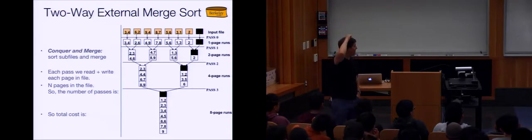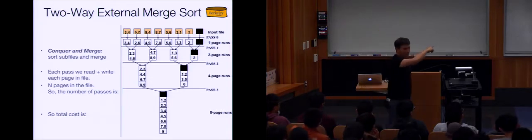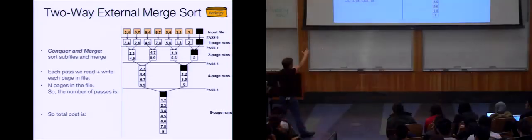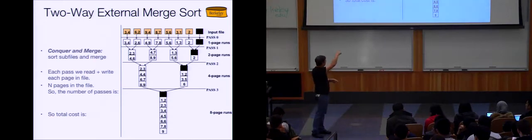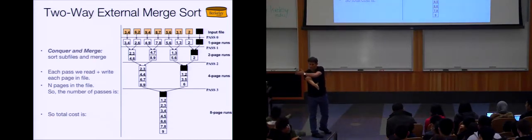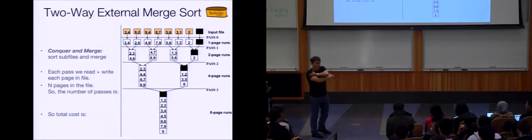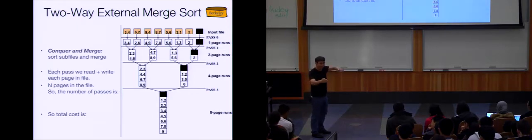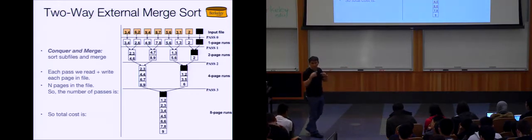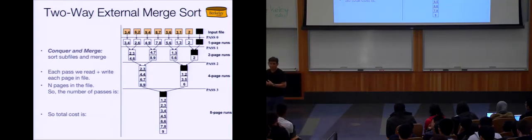This is just a tree that we're essentially building. Every time you go a pass, you take a full read of the whole data set, and you write the whole data set. Right? You appreciate that these passes are expensive. They're full passes of the data, and they're two, one for read, one for write. And then you do it again, one for read, one for write, and then you do it again. We'll do that log base 2 n times.